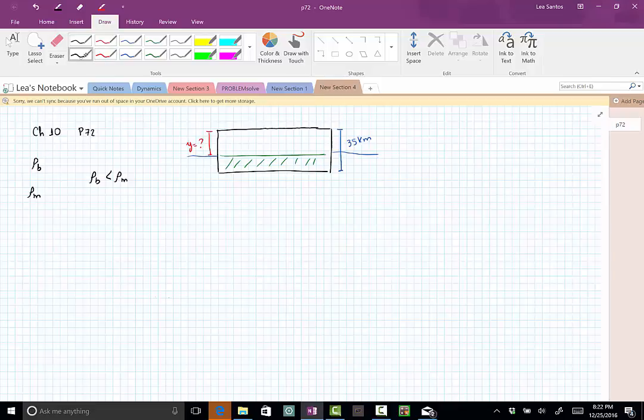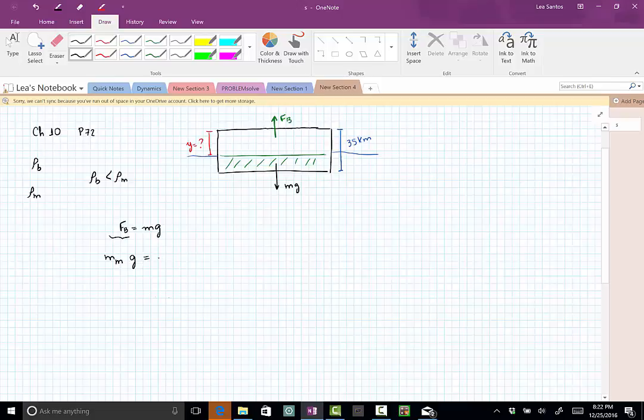Okay, so what we know is that the buoyant force is holding this continent so it doesn't sink. So this means that the buoyant force is equal to the weight of this whole continent. All right, we know that buoyant force is equal to the weight of the fluid, the weight of the mantle that was displaced.